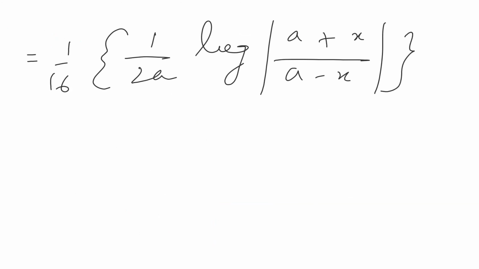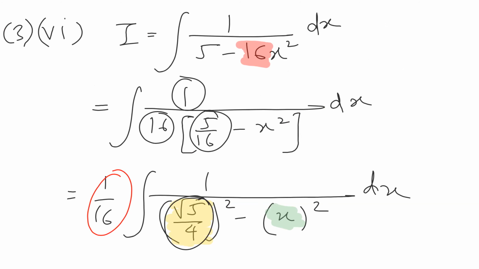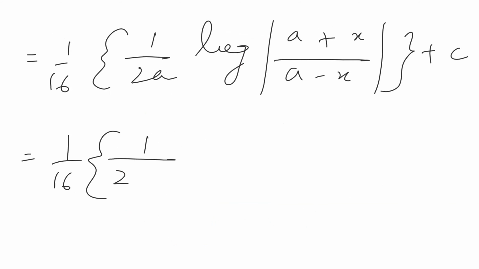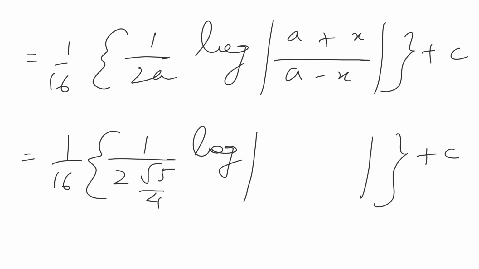Put a curly bracket. 1 upon 16 a. What's a? A is root 5 by 4. Log modulus a is root 5 by 4 plus x upon root 5 by 4 minus x.